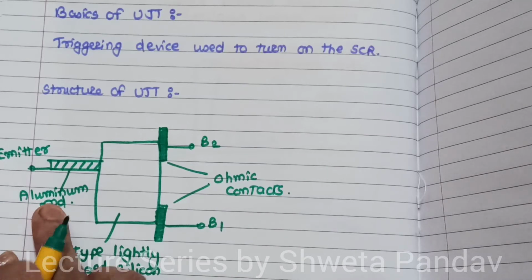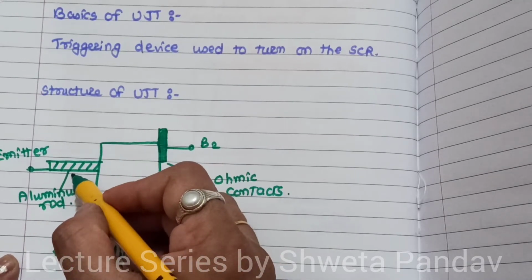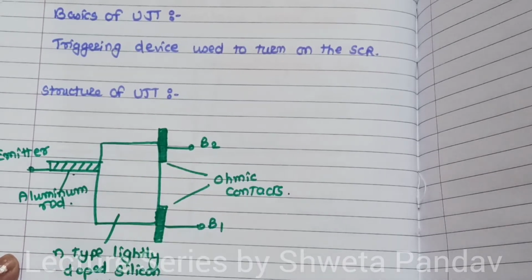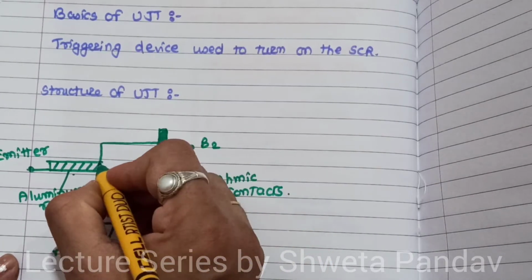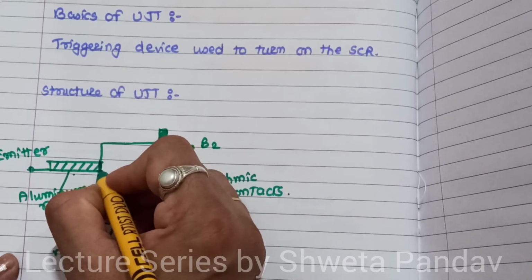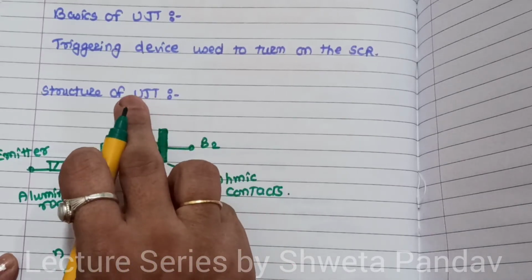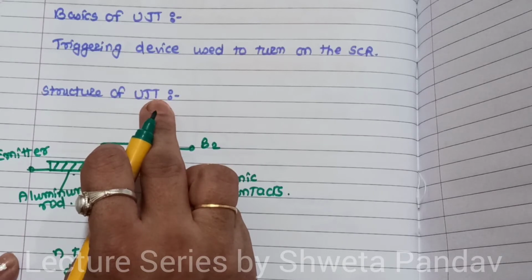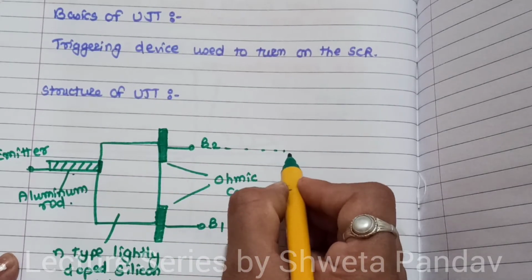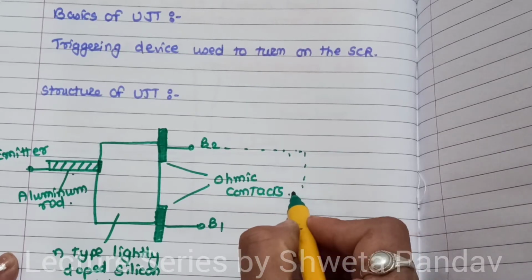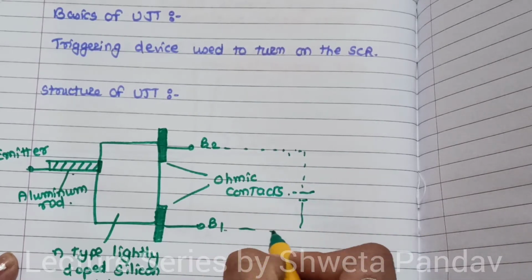The aluminum rod is of P-type and the slab is of N-type, so only one junction is formed. Because of only a single junction, it is called a uni junction transistor. Internally, base 2 and base 1 are connected to the battery supply, called VBB.